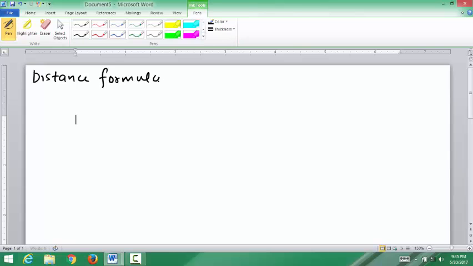Now this is a very important formula, so remember it. First is the coordinate plane. Now suppose this is the plane and this is the line. Now take the measure.